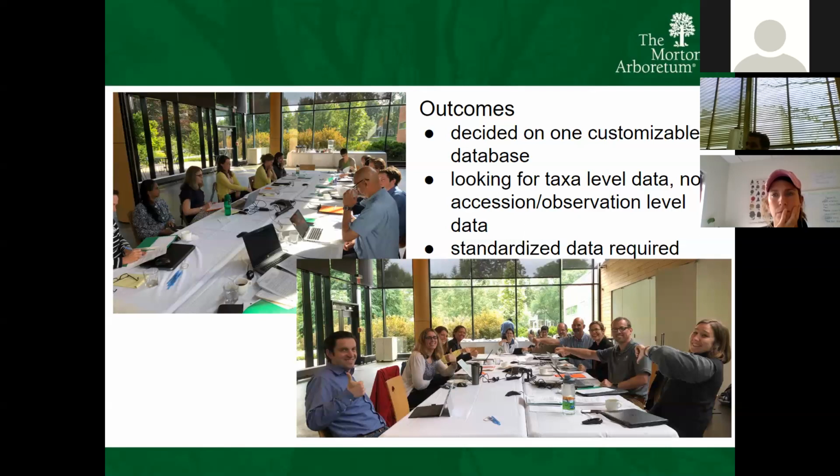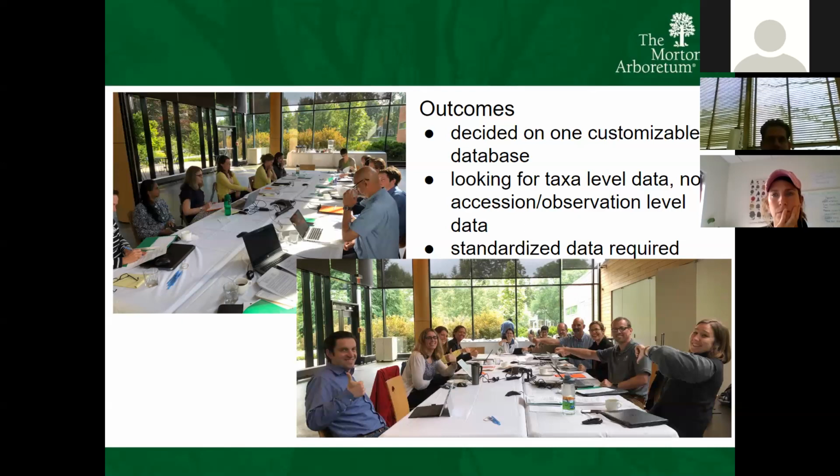And then as part of this effort, in this room that you can see in these images, this group decided to share their own lists of plants that have become problematic or invasive within their own gardens. This was a really big eye-opener, because we realized that the gardens just at the table here were already collecting their own observations and information, but none of us was sharing it with another garden, and we were all doing it differently, as you can imagine.